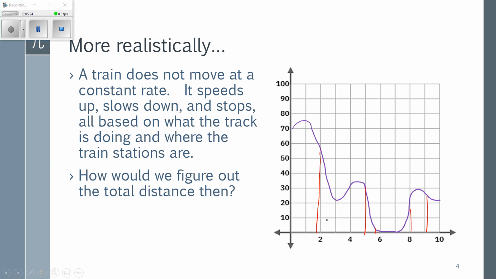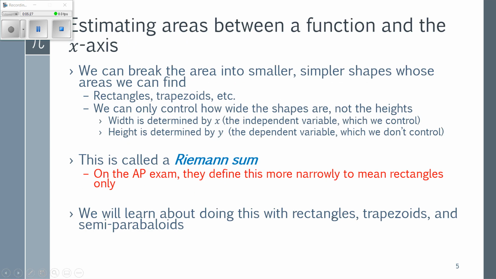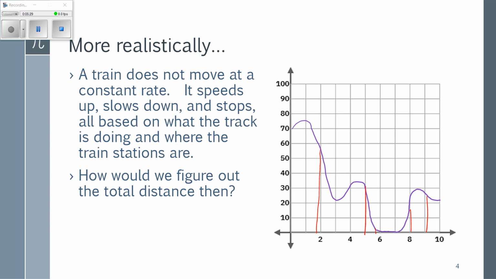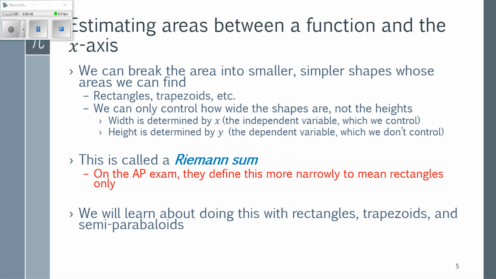That's actually a concept you've done before, back in grade school, where if you have a complex shape and you need to find its area, you break it into smaller pieces, find the area of each piece, and add them all up. Well, this idea actually has a name. It's called a Riemann sum.